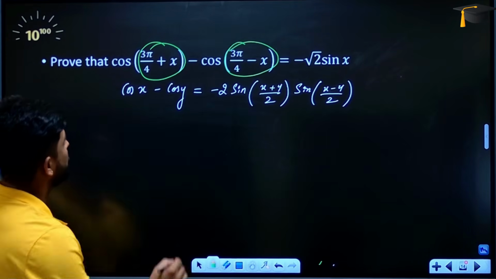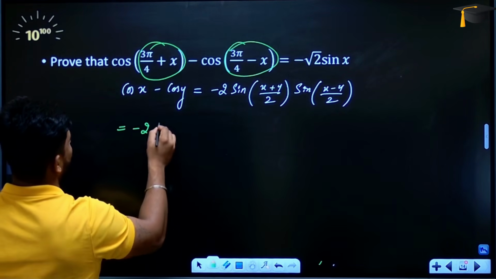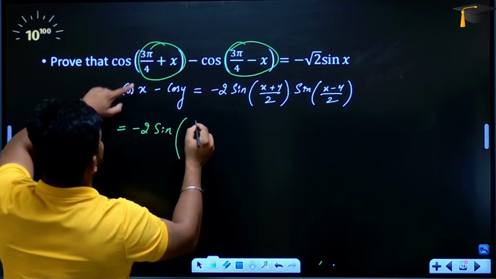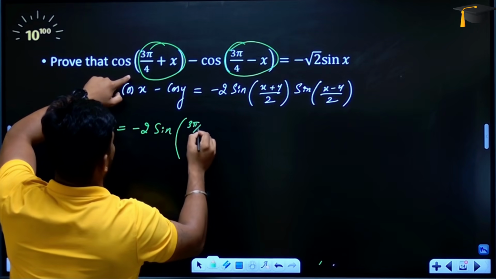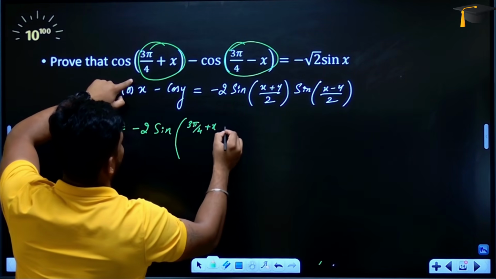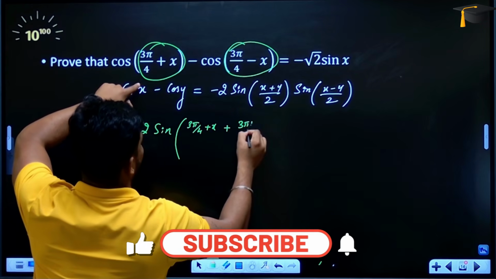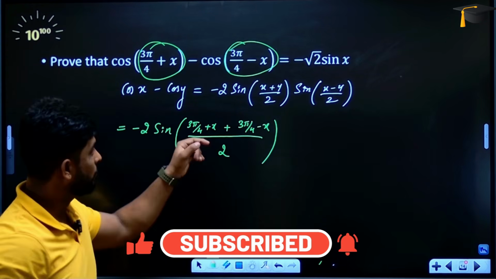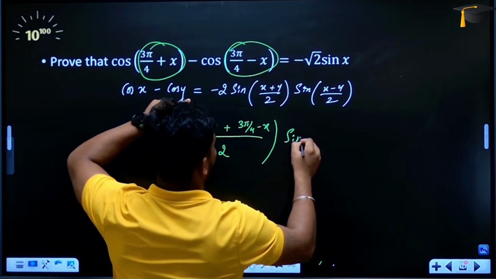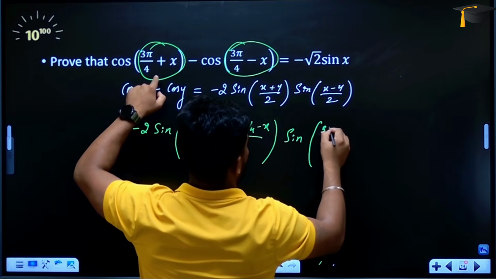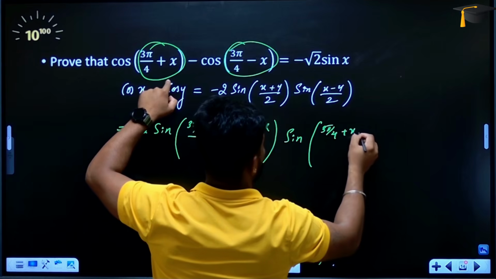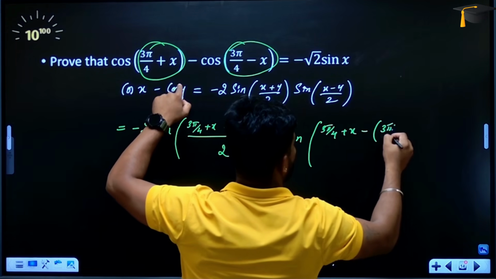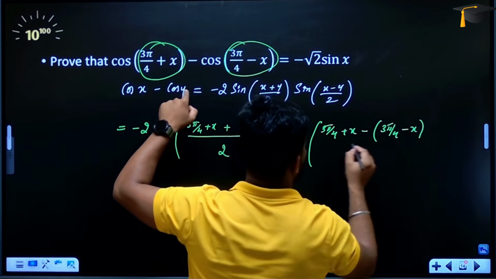Okay, so this becomes minus 2 sine of x plus y, that is 3 pi by 4 plus x plus 3 pi by 4 minus x whole divided by 2 into sine of 3 pi by 4 plus x minus of 3 pi by 4 minus x whole divided by 2.